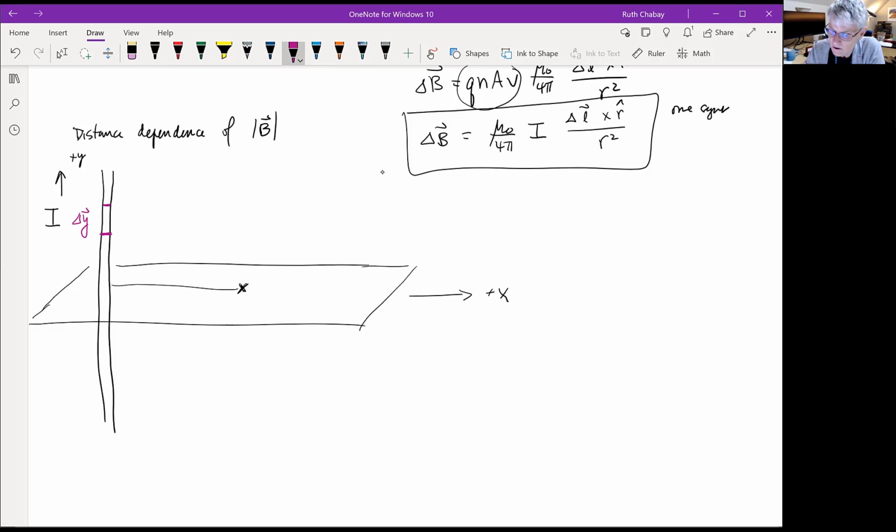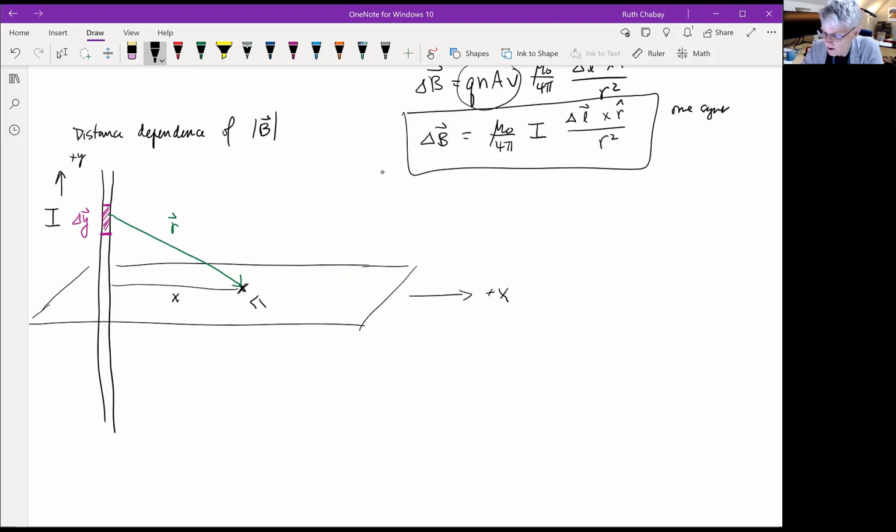So here's our piece of wire. And we need a vector r from the source to the observation location. We'll call this distance x here.